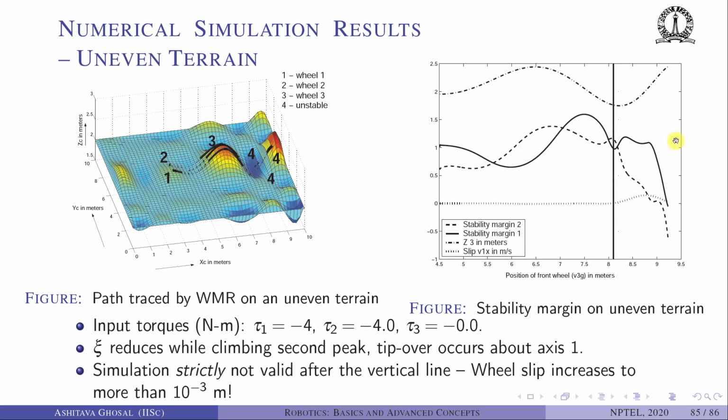So there is not much meaning to what is happening here. Okay. Also, the wheel slip is increasing a lot. So after some point, there is wheel slip, so again, there is no point in simulation. Nevertheless, what it is showing here is that the stability margin is going below 0 and hence there is a tip over.